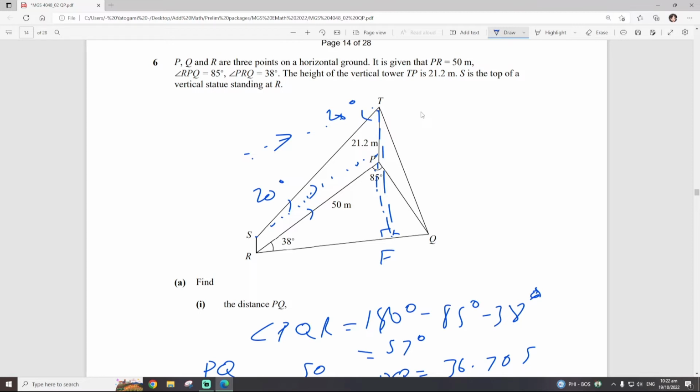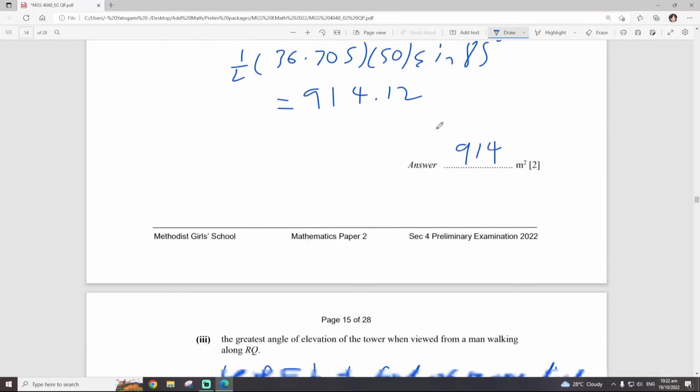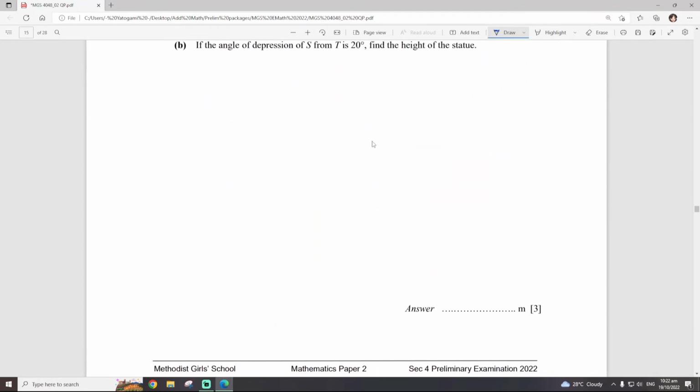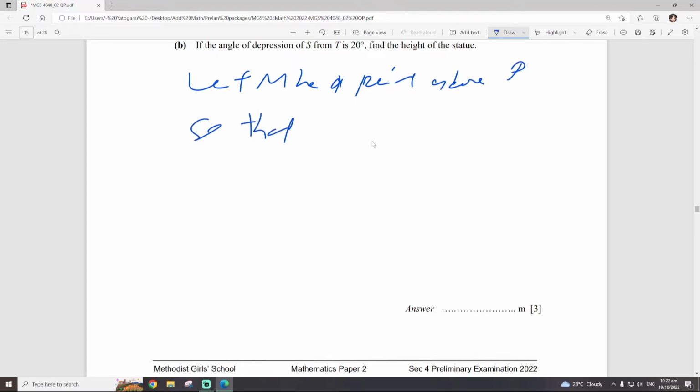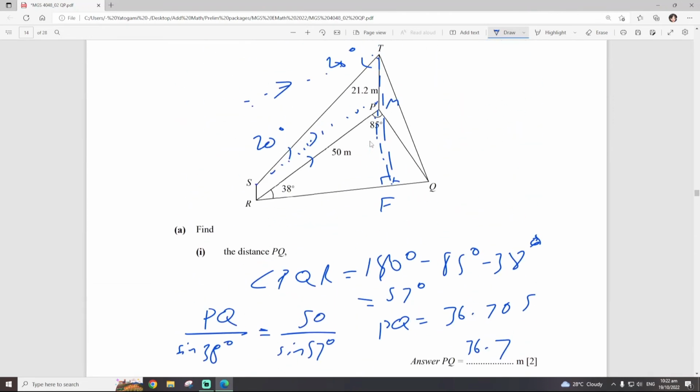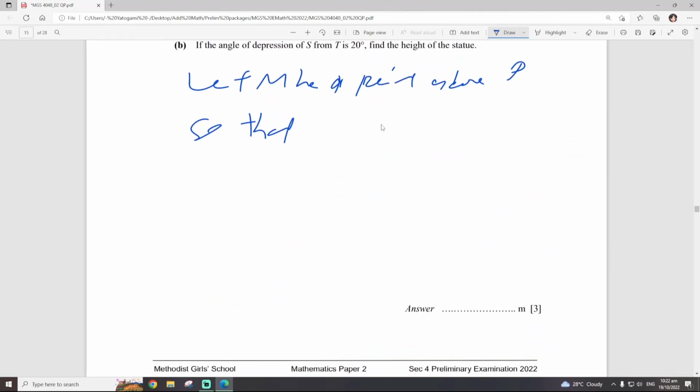Because tangent of angle, okay, let's call this M. So let M be a point above P so that R, S, and PM have the same height, right? Same height.